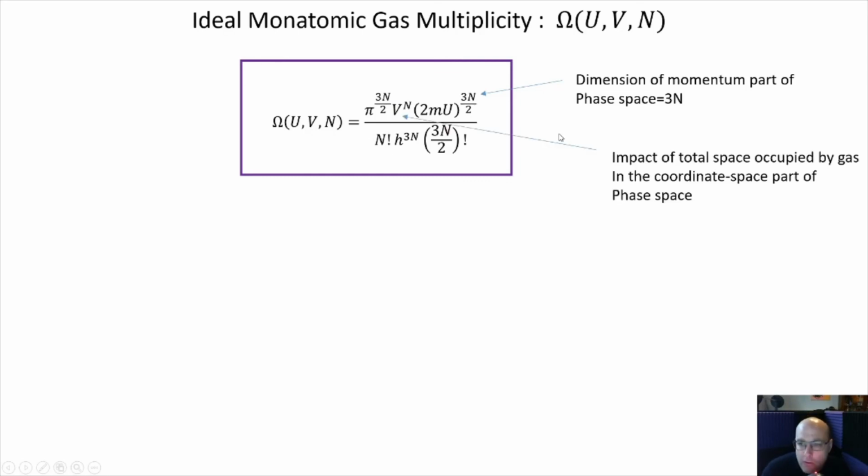Another important physics fact is that the total space occupied by the gas is here given by V, right? And so that's something that could potentially change. Say, for example, if you go back a few lessons to when we were thinking about gas atoms confined to move on a line, right? If you were confined to move on a line, you wouldn't have a factor V here anymore. You would instead have a factor of L, right?